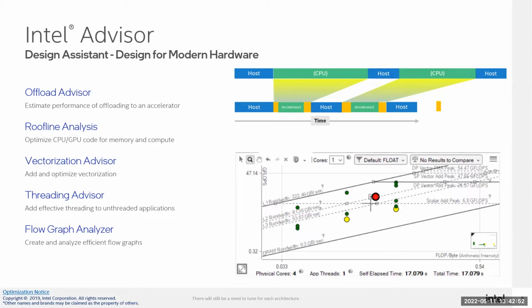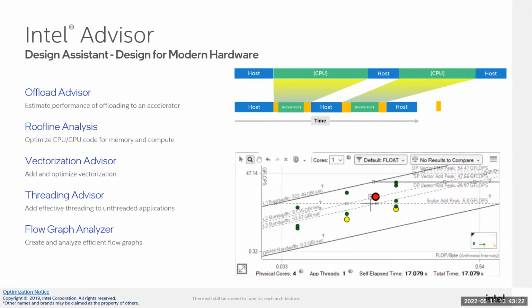Vectorization optimization enables vector parallelism to improve efficiency, and threading advisor helps you test multiple threading designs. And flow graph analyzer, if you've got multiple kernels which are chained or dependent on each other, will help you identify the dependencies between the different kernels, so that data race conditions can be avoided.